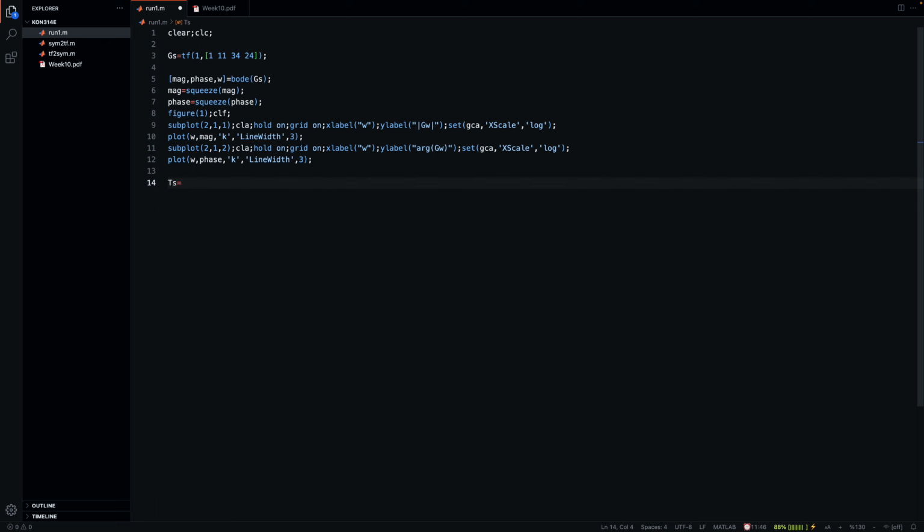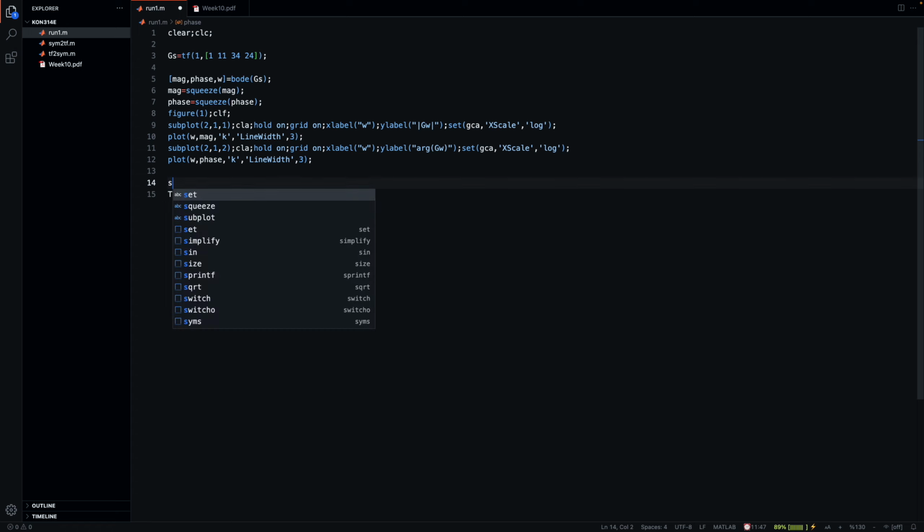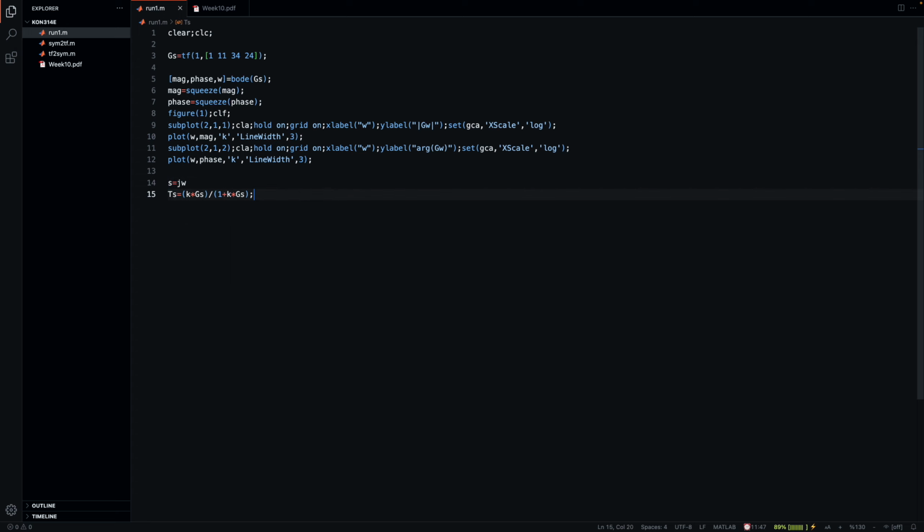Now, since the closed loop transfer function is written down like K times G(s) divided by 1 plus K times G(s), and since we're using the s equals j omega substitution here, what we can do is basically change the subscripts to omega. And we have to remind ourselves that everything is a complex number from now on, because before that it was a rational of polynomials.